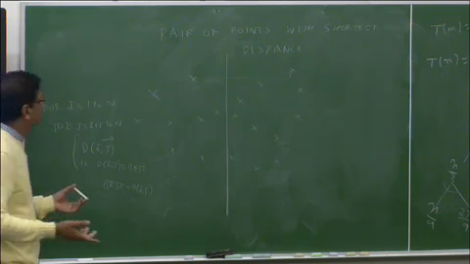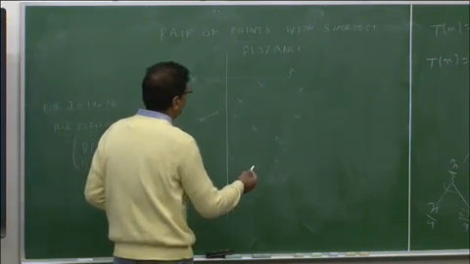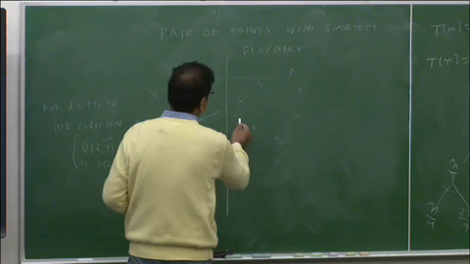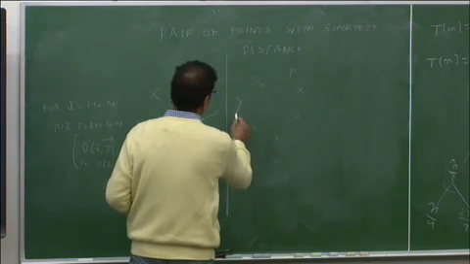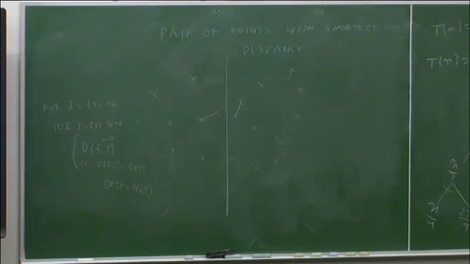So, for example, the shortest pair of points on this side may be this, the shortest pair of points on this side may be, for whatever reason, this, all right. And then I take the minimum of the two.